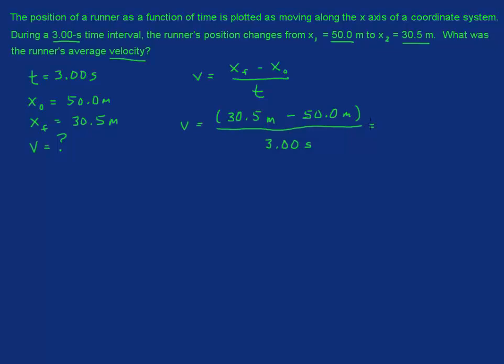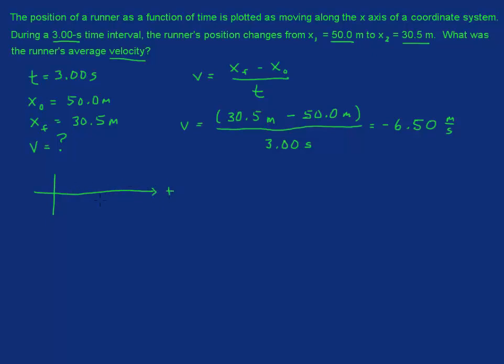Now if you put this in your calculator and do the top first and then the bottom, you're going to get negative 6.50 meters per second. So your question might be, does this negative sign really matter? And the answer is, if it was speed we were looking for, then it wouldn't. But this is velocity. Imagine in this coordinate system, here's our coordinate axis, and to the right is positive.